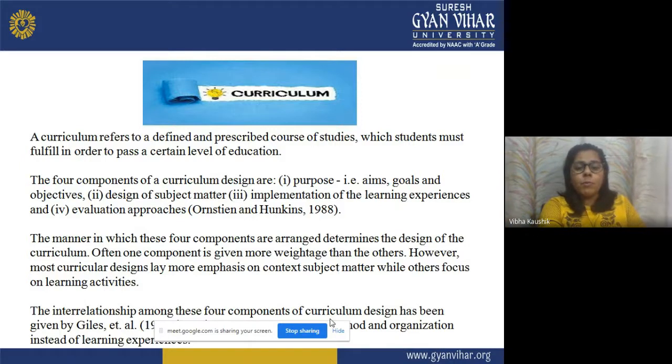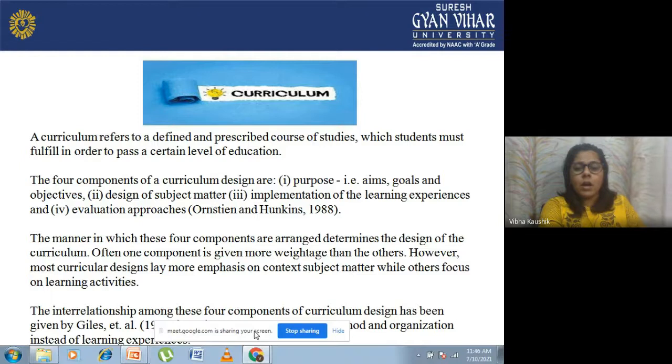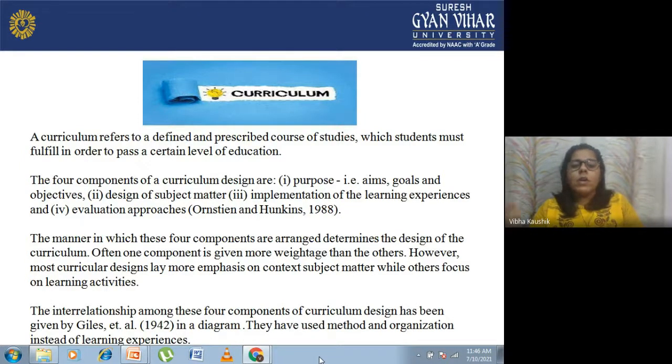The four components of curriculum design are purpose, that is aim, goal, and objective. The first component used for curriculum design is the purpose, meaning it should be clear what the aims, goals, and objectives are for studying that particular subject or curriculum.